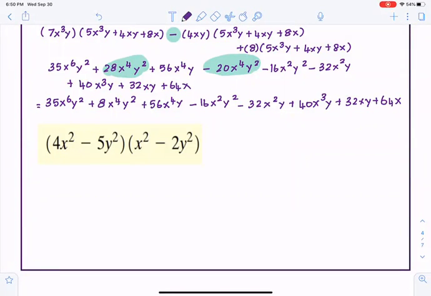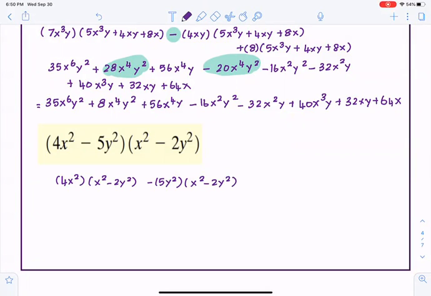So same process as always. We take the 4x squared and multiply by x squared minus 2y squared, minus 5y squared multiplied by x squared minus 2y squared.